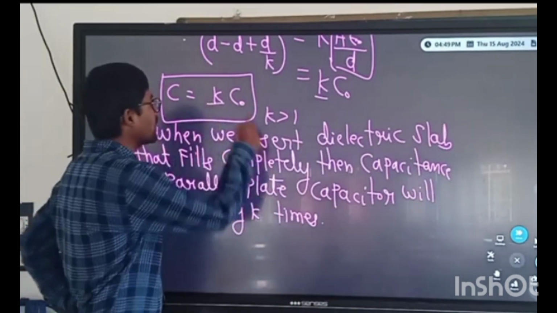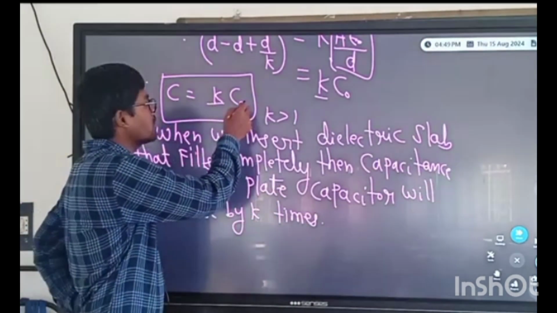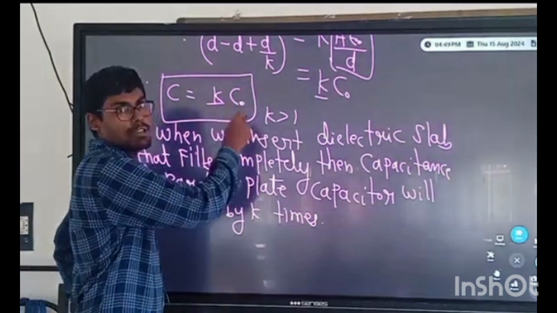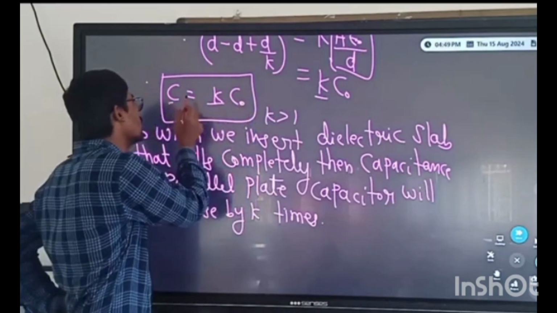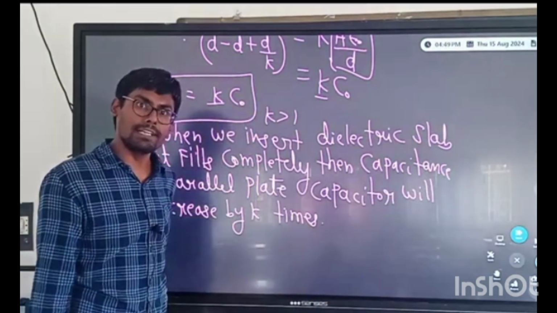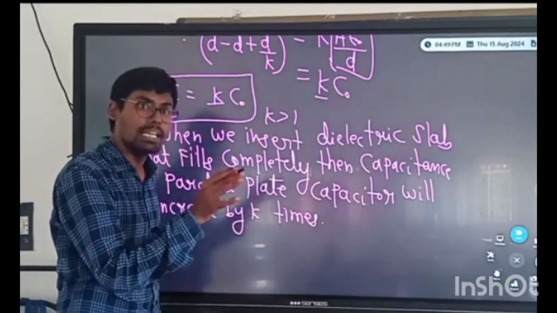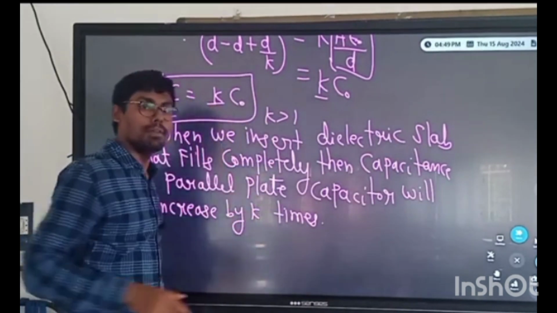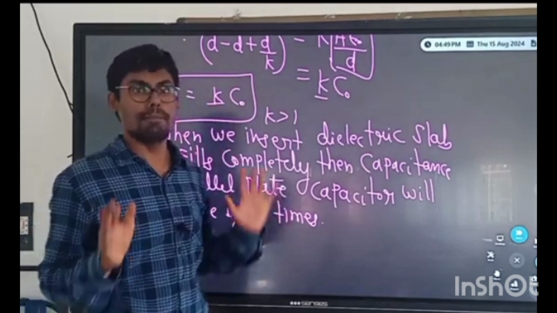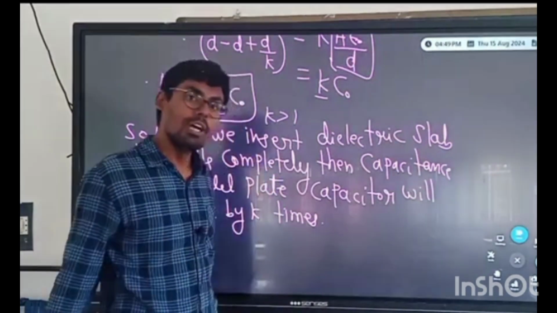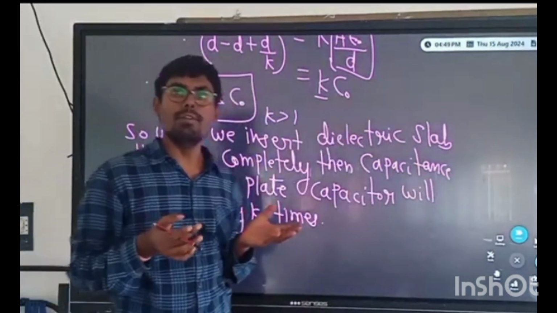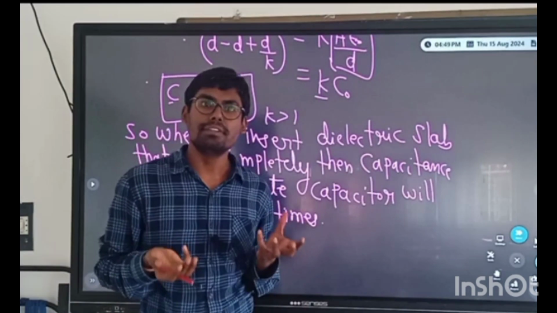That means when we introduce a dielectric slab which completely fills the space between the two capacitor plates, the capacitance will increase by k times. Here C0 is the original or initial capacitance of the parallel plate capacitor, and this is the new capacitance when a dielectric slab of dielectric constant k is inserted between the two capacitor plates.